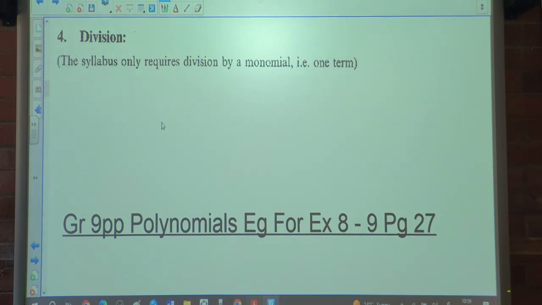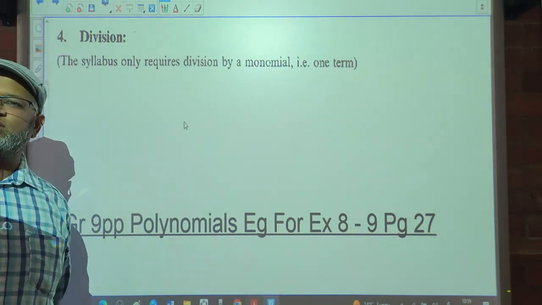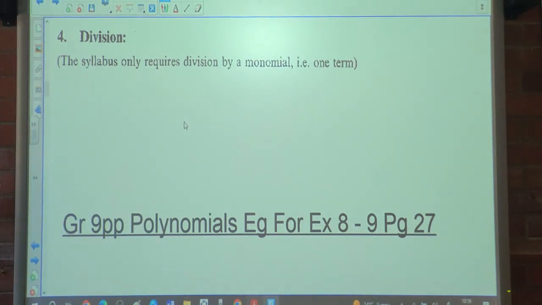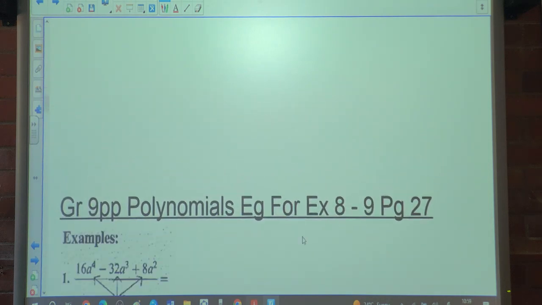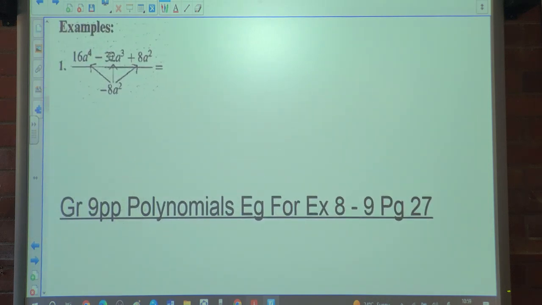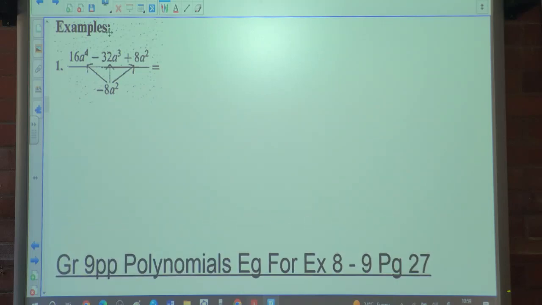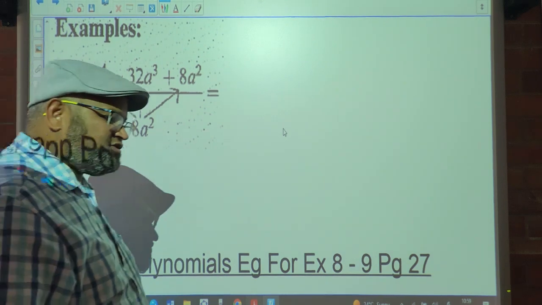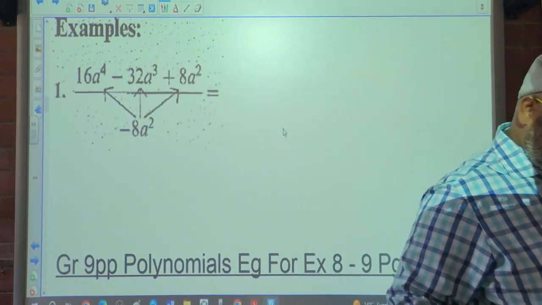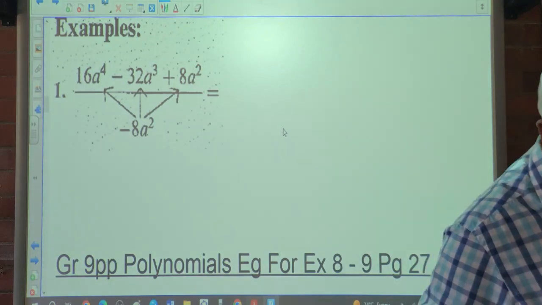We are told the syllabus only requires division of monomials, i.e. one term. So it's basically one term in the denominator. But you have done something like this already in grade 8. This is the first example. Write that down. I'll move a bit slower because yesterday we already did the examples for exercise 8.